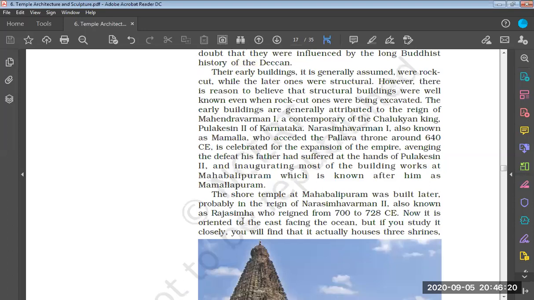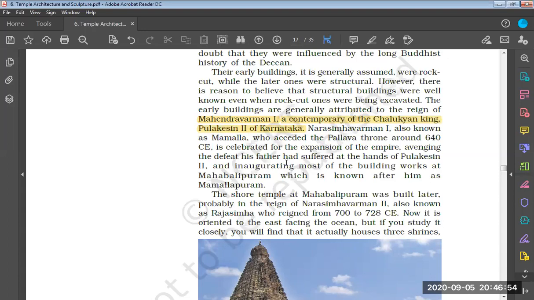These early buildings, it is generally assumed, were rock cut while the later ones were structural. However, there is reason to believe that structural buildings were well known even when rock cut ones were being excavated. The early buildings are generally attributed to the reign of Mahendravarman I, contemporary of the Chalukya king Pulakeshin II of Karnataka.